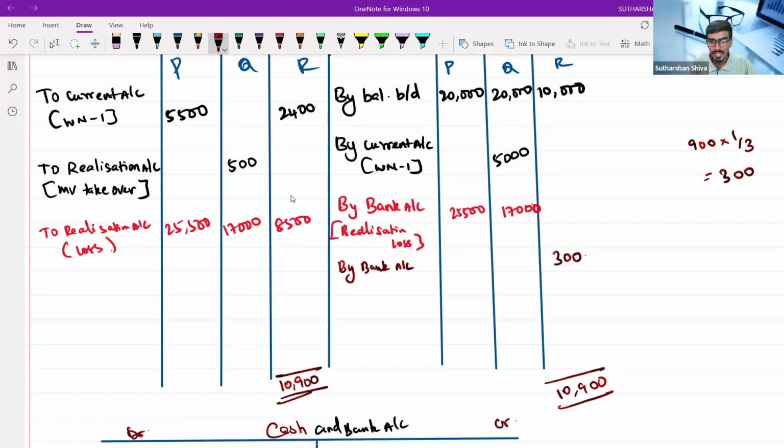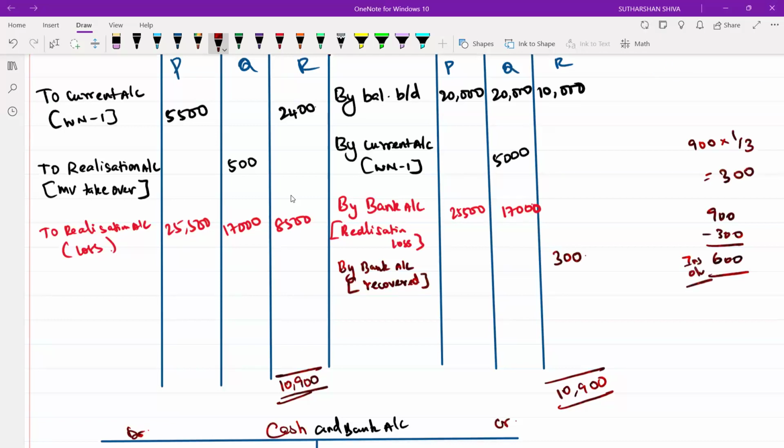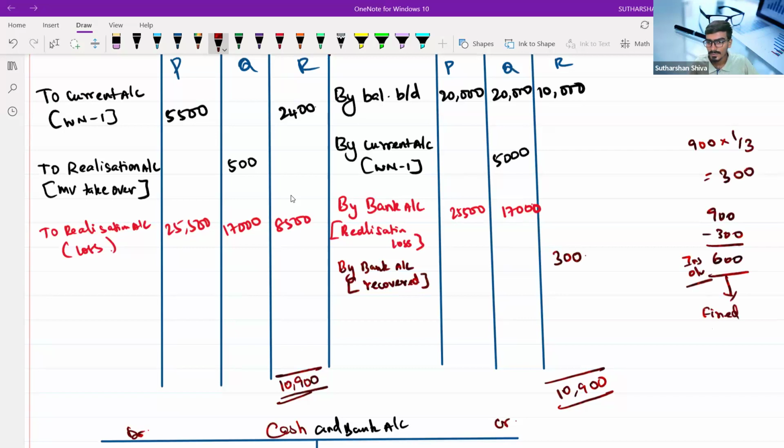So 300 is the amount recovered. Out of 900, 300 is done. How much is the insolvency loss I am making? 600. This 600, which method am I following? Fixed capital.